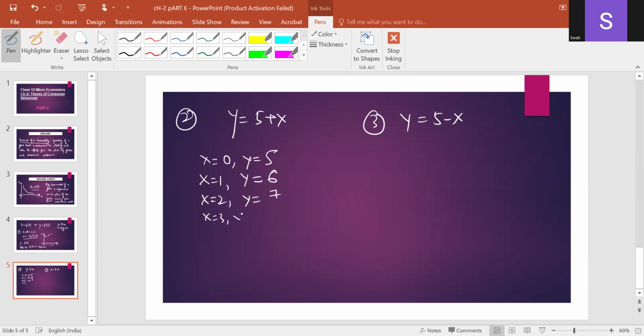And if x is 3, y is 8. Okay, so it goes on, because the x value can be any number. If x is 0, we have y is 5, then x is 1, we have 6, 7, 8, 9. It would be a straight line. 1, 2, 3, 4.